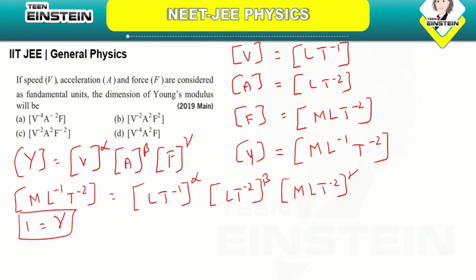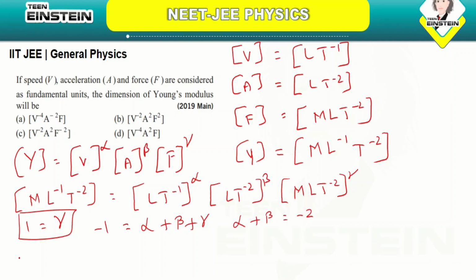Next you equate for L. So L will be minus 1 is equal to alpha plus beta plus gamma. Since gamma is 1, you will be having alpha plus beta is equal to, the 1 goes to that side and it will become minus 2. Next we equate for t.